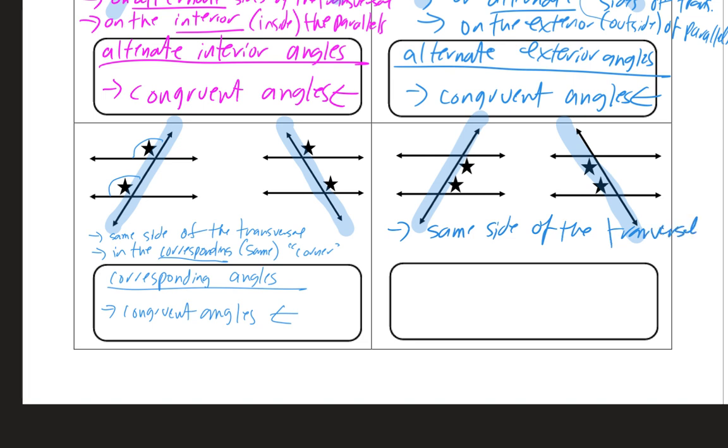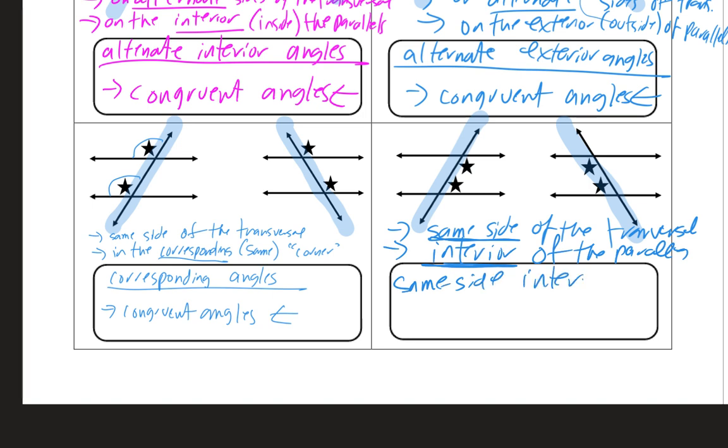All right, and then what do we notice? Are they on the inside or on the outside? Right, so on this one we have one on the inside, one on the outside, right? These are both on the inside, right? So those are on the interior of the parallels. So we're going to call these same side interior angles.